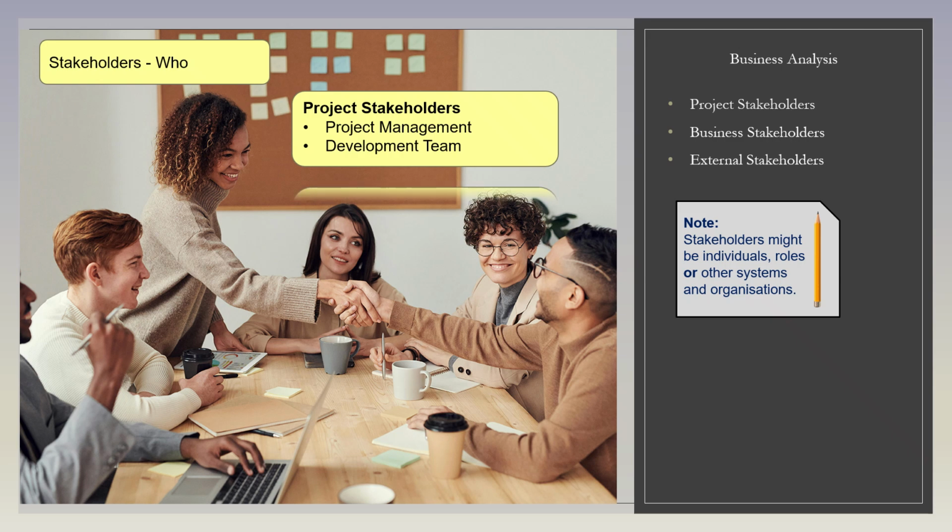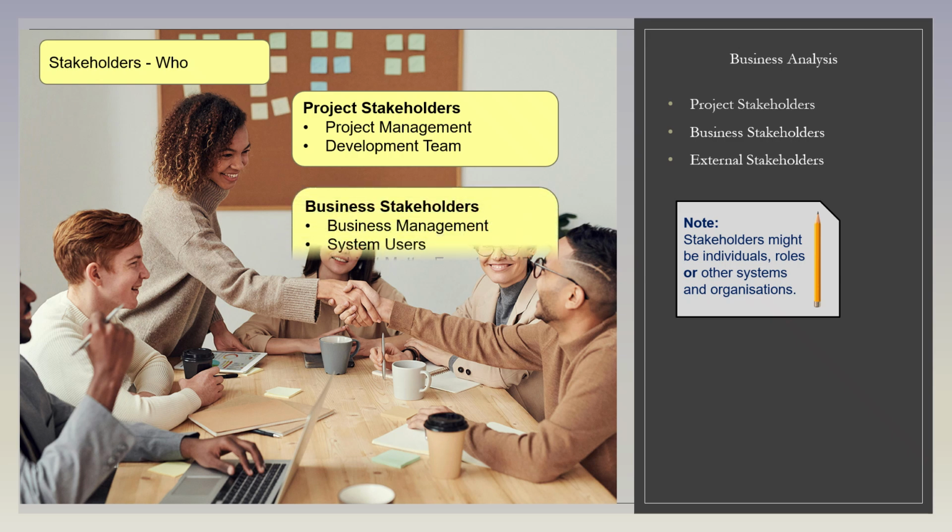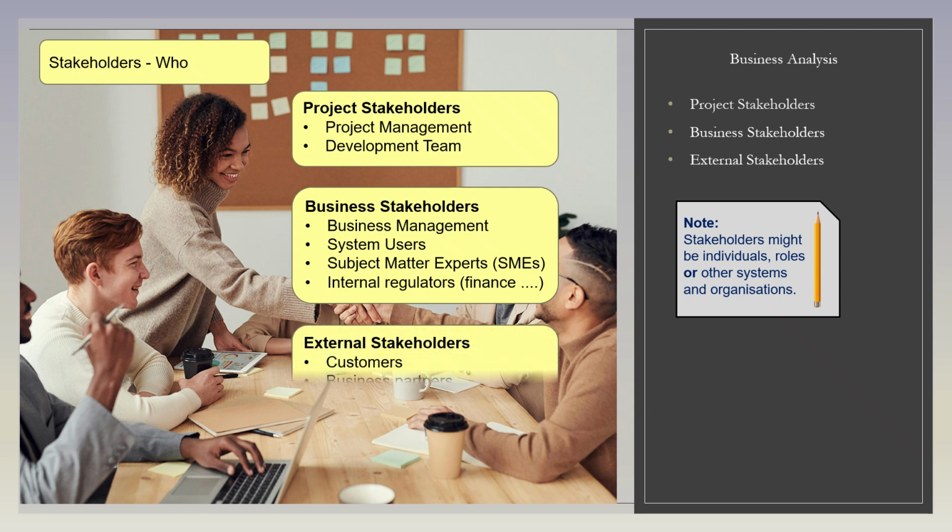Business stakeholders are people or systems within a business, such as management, potential users of the new system, subject matter experts, and internal regulators such as audit. External stakeholders are those outside the business who may have an influence on the project, such as customers, business partners, regulators.